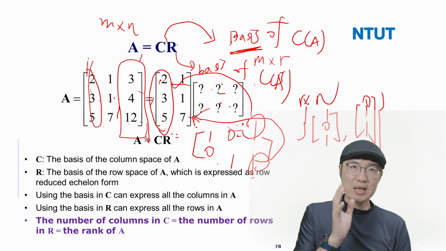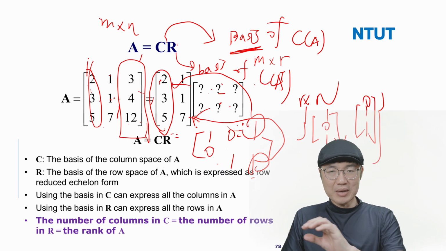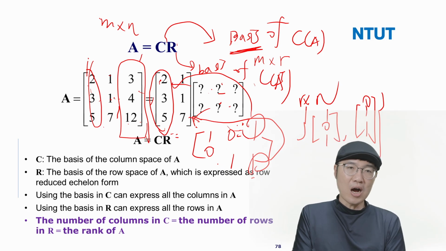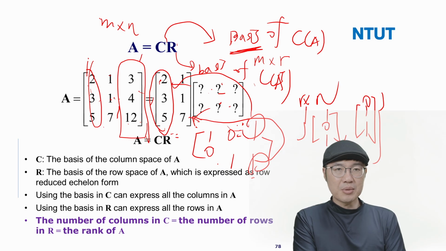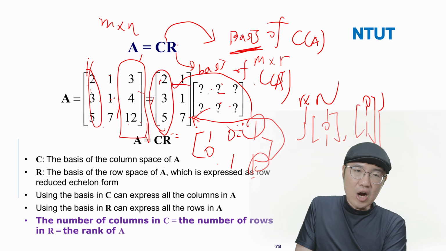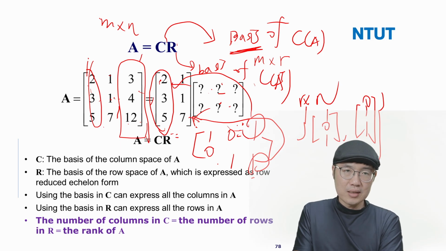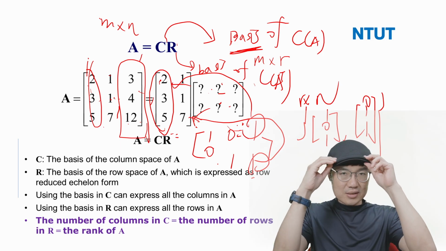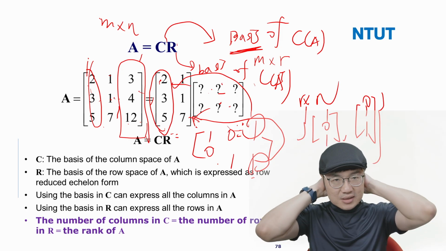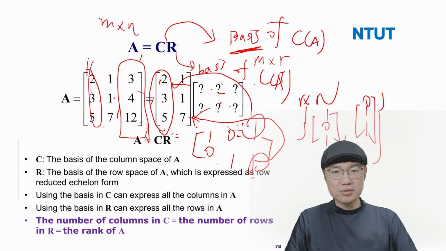We can see the basis just by this expression, a single factorization. But I would like to mention R as the rank because M times R for C and R by N for the row space.